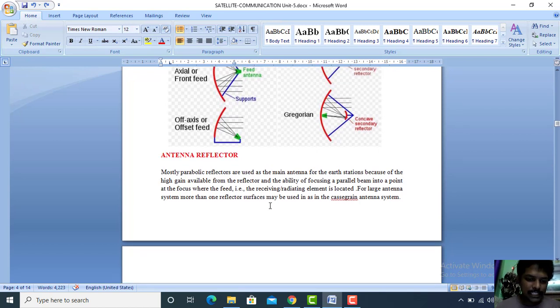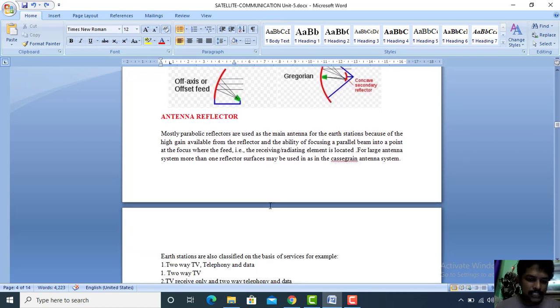The antenna reflector is next, which is nothing but the parabolic reflector, used near the earth stations. Earth stations are nothing but ground stations, which are able to provide high gain and focusing, most of the time for feeding, radiating and receiving the signals.